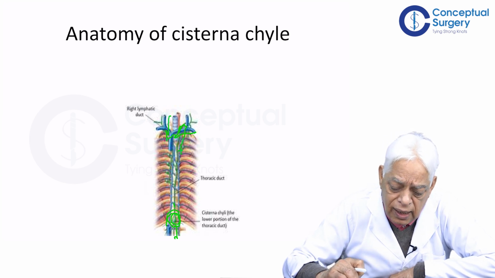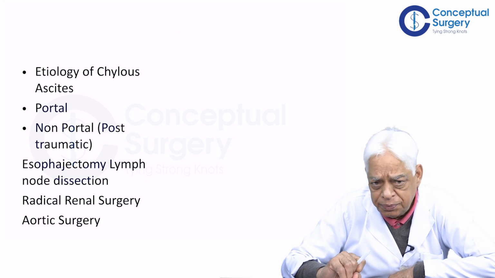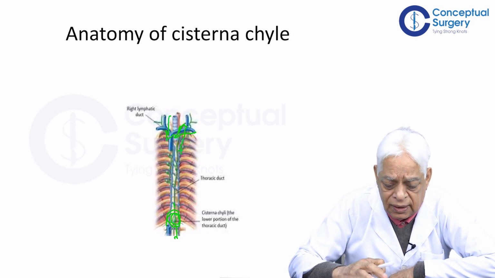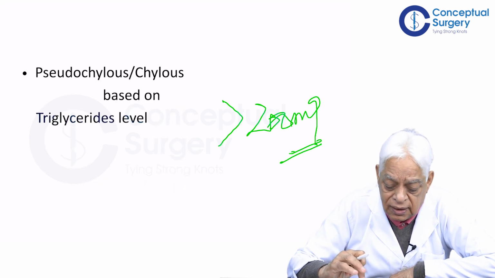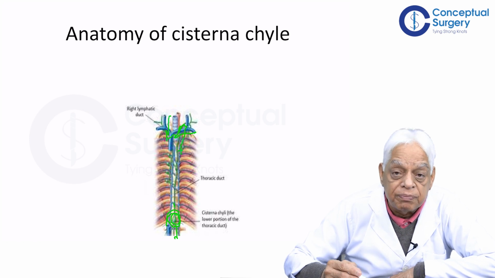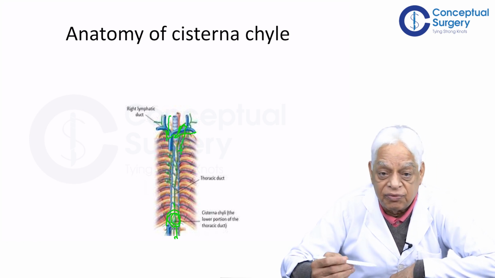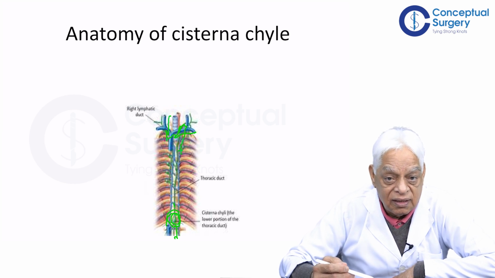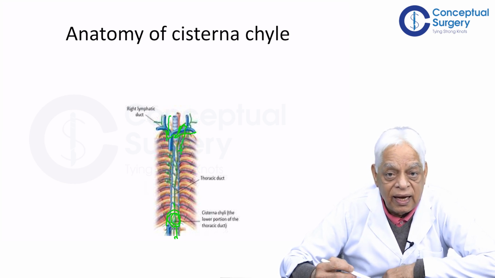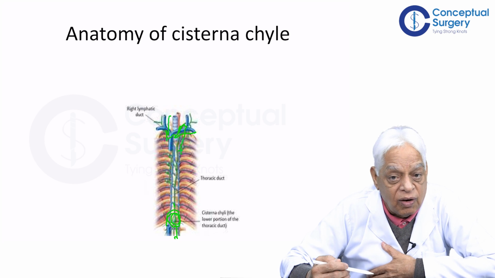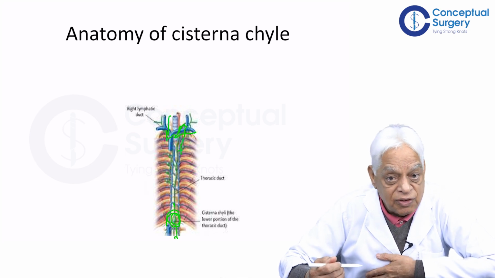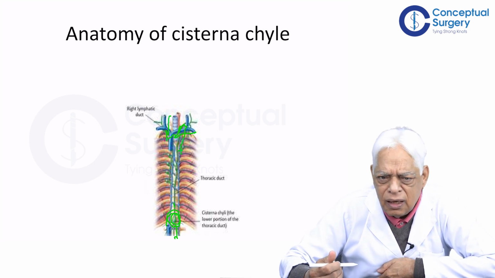Now, if there is a breach in the lymphatic system anywhere, it can lead to a leakage of this fluid and lead to, if it is the neck, what we call thoracic duct fistula, which is not uncommon but not common either.